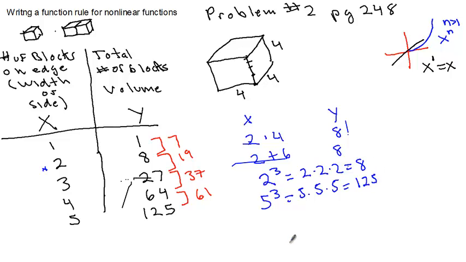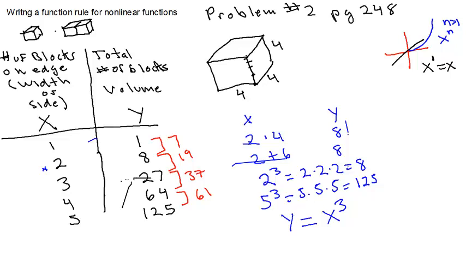So it's safe to say that we found the equation for our graph. And that's going to be y is equal to x to the third power. In other words, whatever you put in for x raised to the third power will get you the y value.